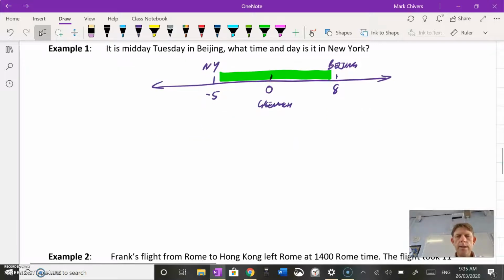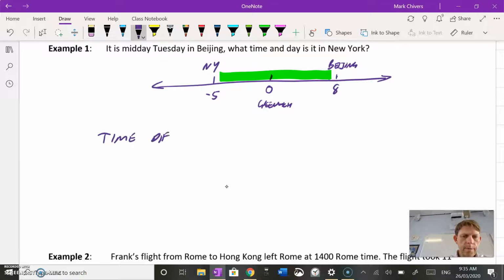But you can always take the most easterly and take away the other one. So the time difference should just be the most easterly minus the westerly one.